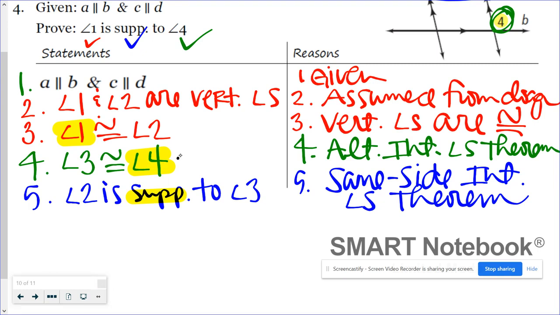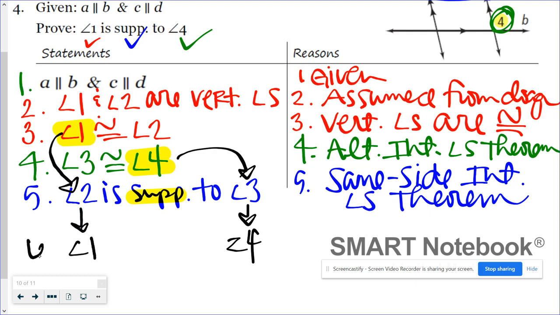Well, since I know angles 3 and 4 are congruent, I could replace angle 3 with angle 4, right? So angle 4. And I could do the same thing here. Since 1 and 2 are congruent, I could replace angle 2 with angle 1. So I can make this replacement of these congruent angles into statement number 5 to create angle 1 is supplementary to angle 4.